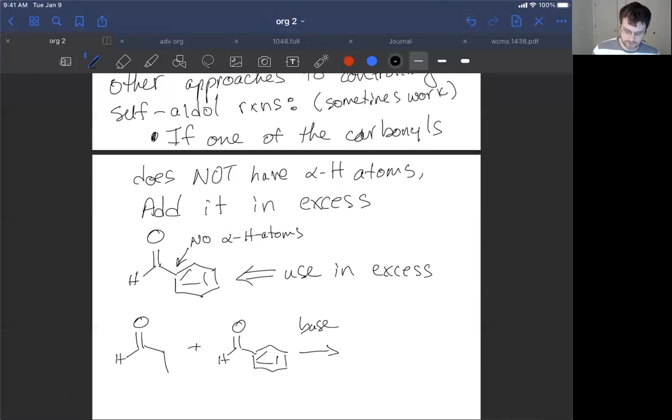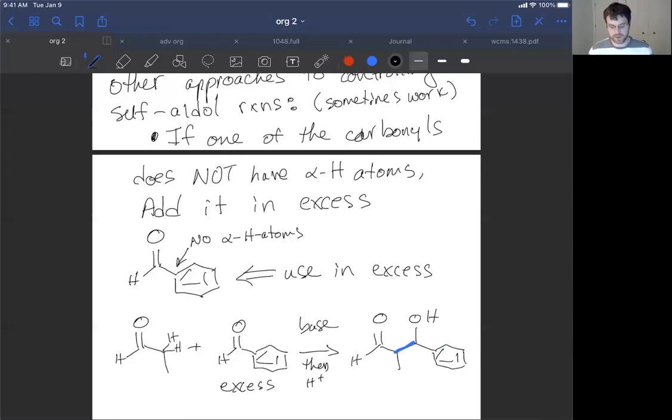Because we don't have any alpha hydrogens, we can actually just use this in excess, and that will enable the formation of the crossed aldol product, where we have that new bond from the alpha position of the only carbonyl with alpha hydrogens to the benzaldehyde.